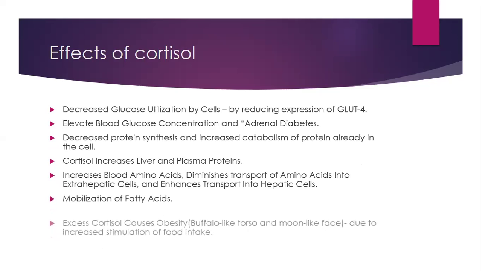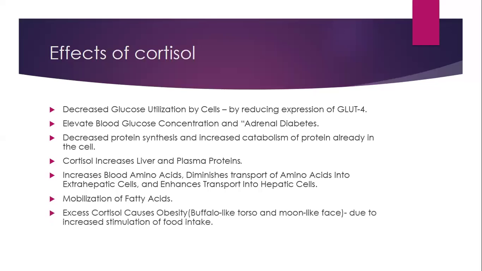Again, it can mobilize fatty acids, and usually it causes obesity. Now, this is usually paradoxical from what we know. Imagine cortisol can break down your protein, it can mobilize fatty acid, it can break down glucose, but outcomes it can lead to obesity. Now, when you read different types of books and even papers, they say that even though cortisol can lead to all these things that I've talked about, it usually stimulates food intake.